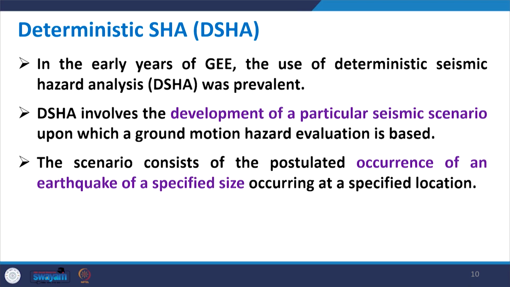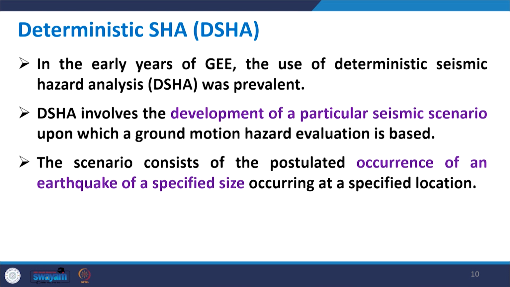For a particular scenario, you create the assumption that this magnitude of earthquake is expected in this region, and then you carry out the hazard analysis accordingly. The scenario consists of the postulated occurrence of an earthquake of a specified size occurring at a specified location.